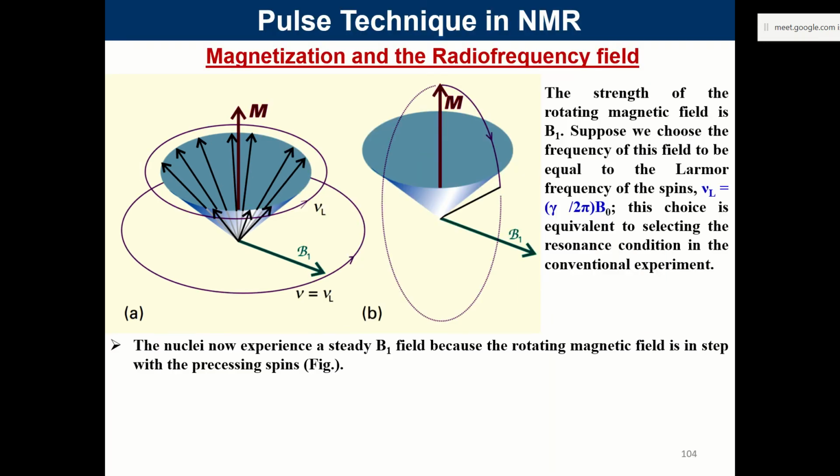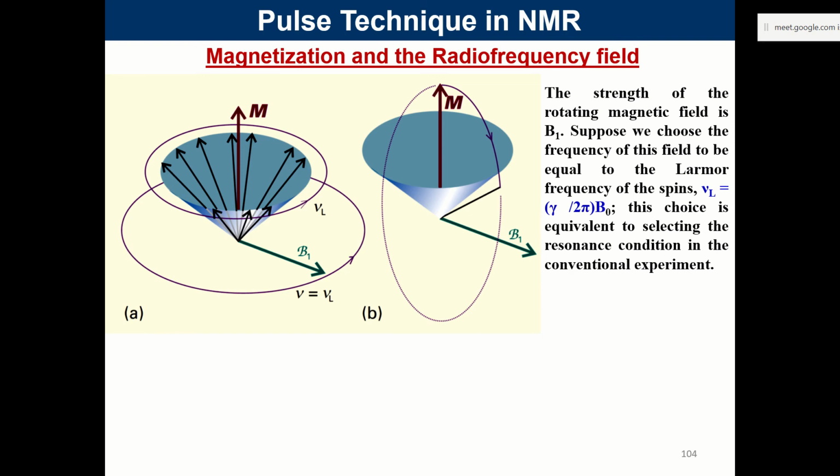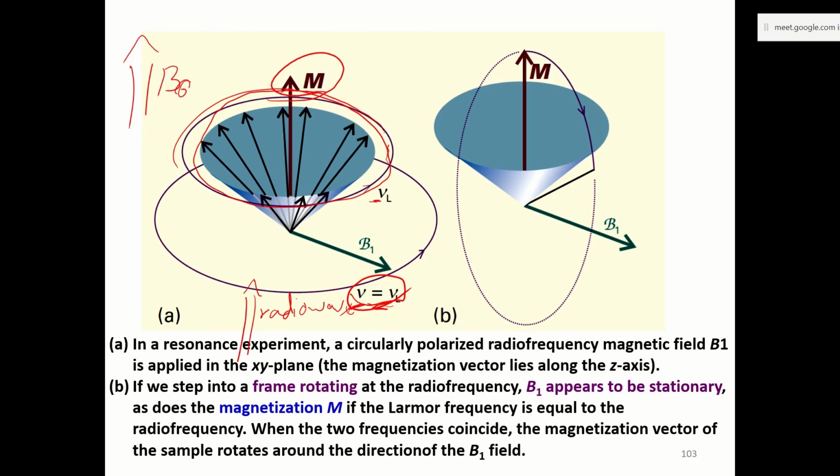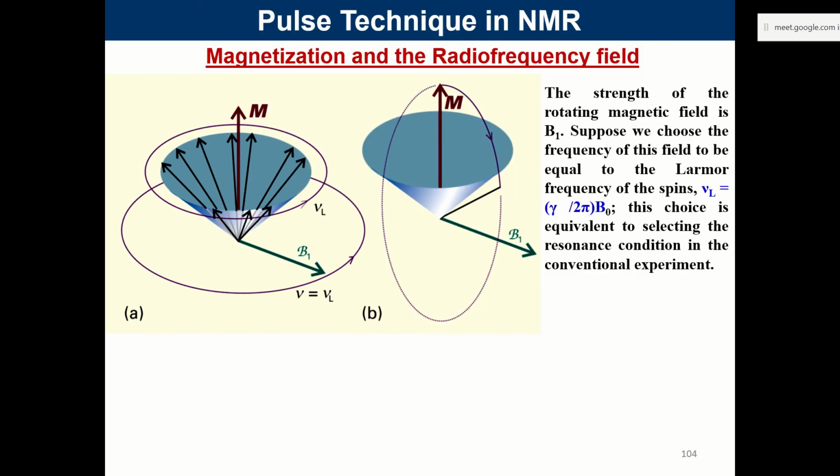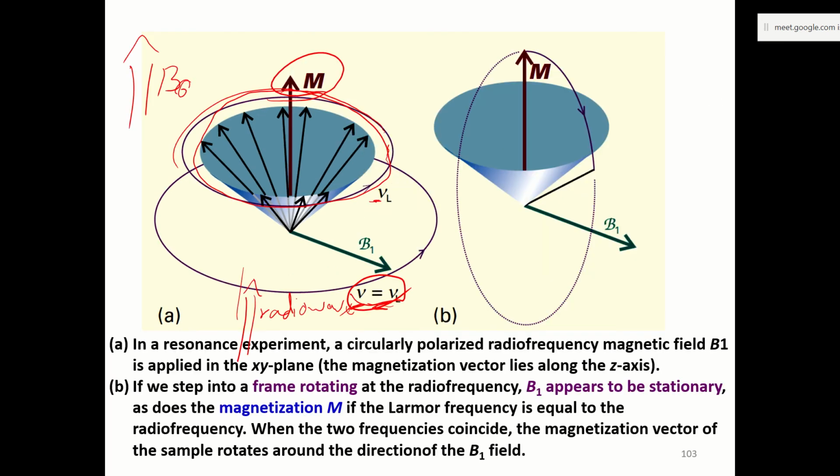As I told you, the wave is circularly polarized, so if the direction of the radio frequency wave is this, the oscillating magnetic field vector is restricted to this xy plane. It is moving in a circle in the xy plane, and that's how we visualize it.